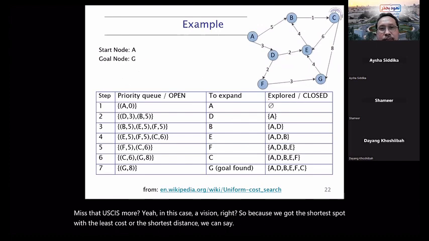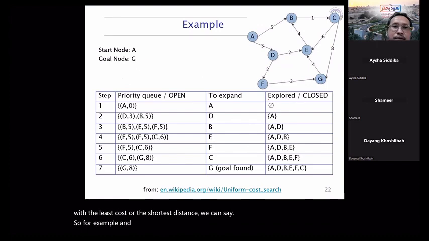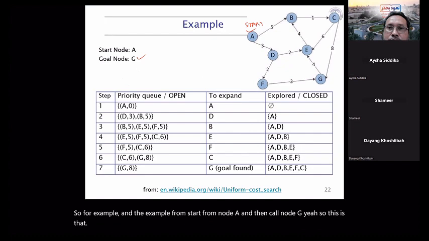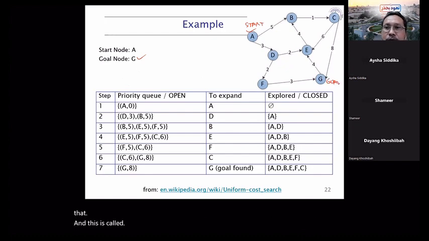Another example: start from node A and go to node G. So this is the start, and this is the goal. From this we can find the path.